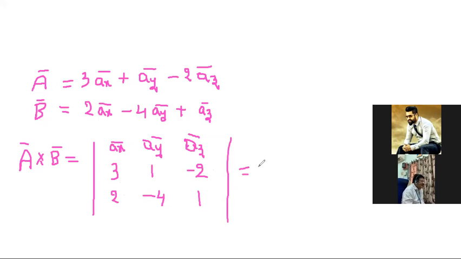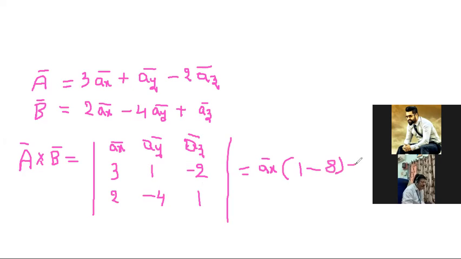Here I am taking Ax into the determinant of this 2 by 2 matrix, that is 1 into 1, simply 1, minus 4 into -2, which is 8, minus minus plus, 8. So this is 1 minus 8.